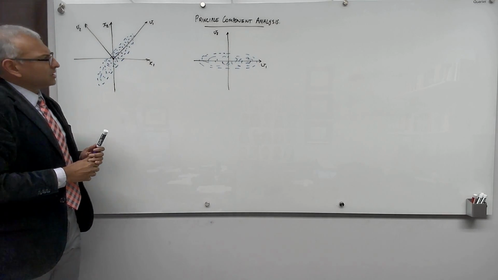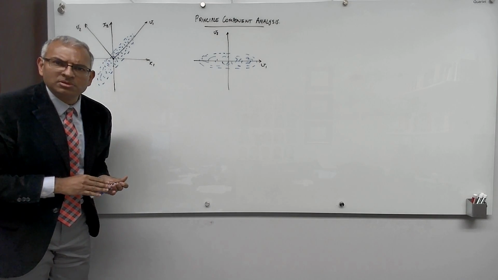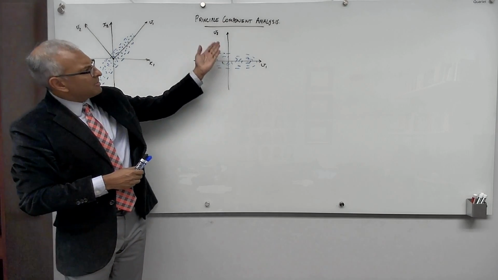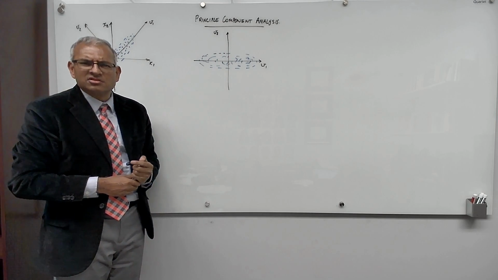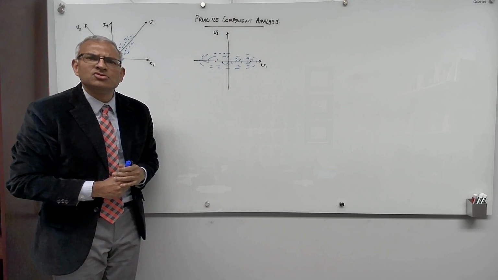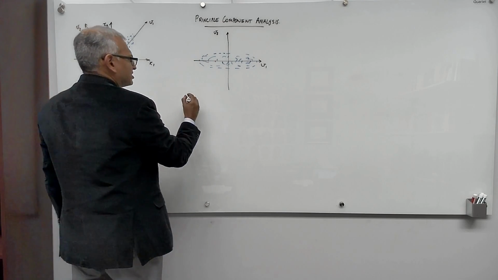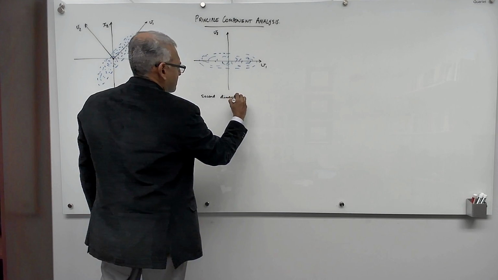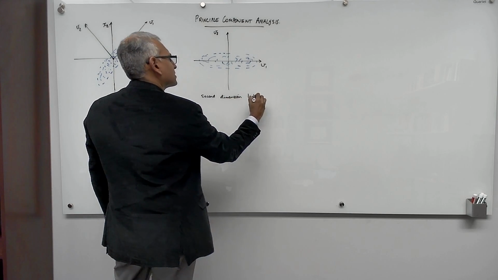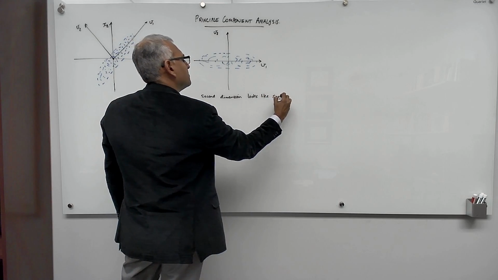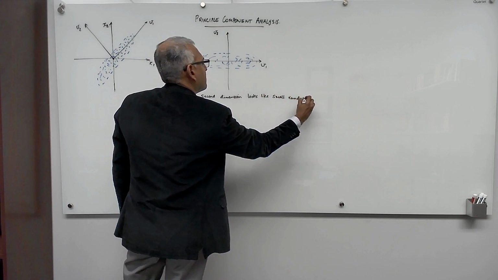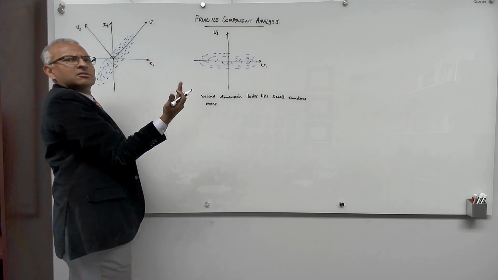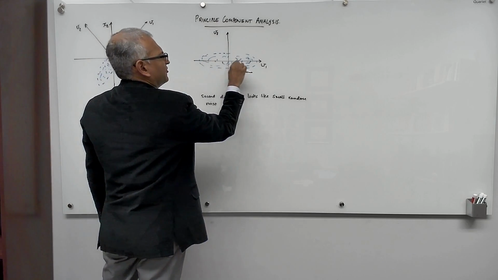And when I see the data in this form, I immediately start thinking, the second dimension looks useless. It looks like small random noise, because it's just small variations, and the major action is going on in this first dimension.